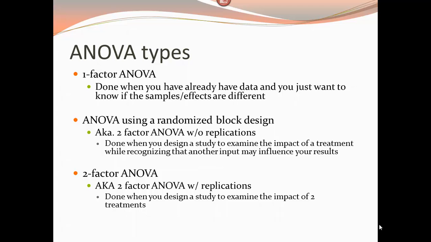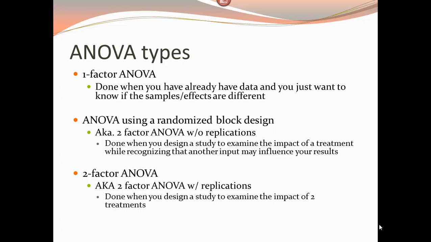So recognizing that different employees may be better salespeople, and therefore that may have an impact on the sales you're having. And then the two-factor with replication is done when you want to examine the impact of two or more treatments or effects.